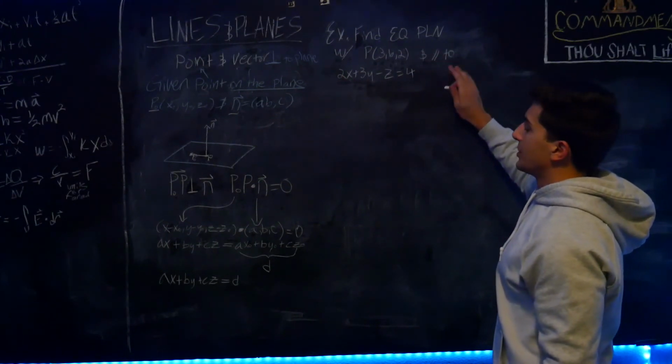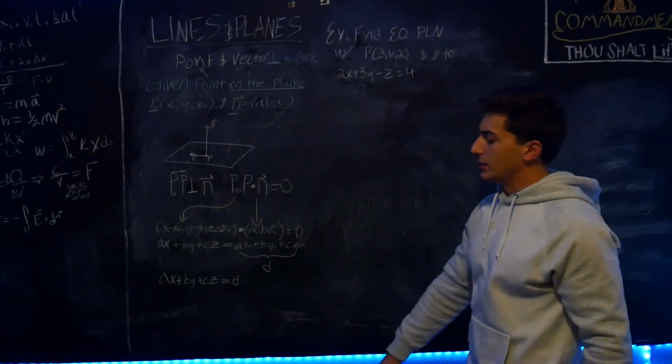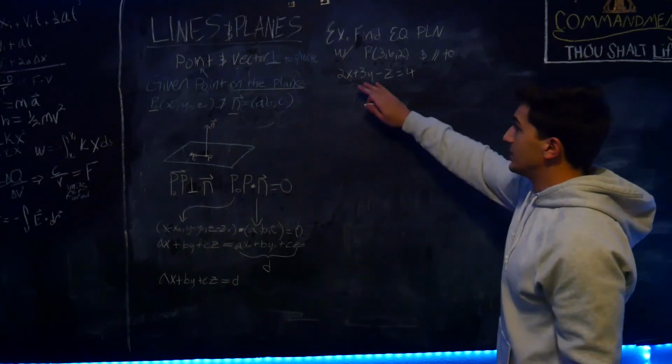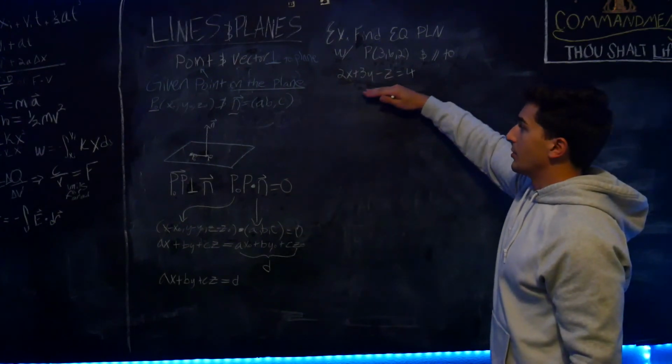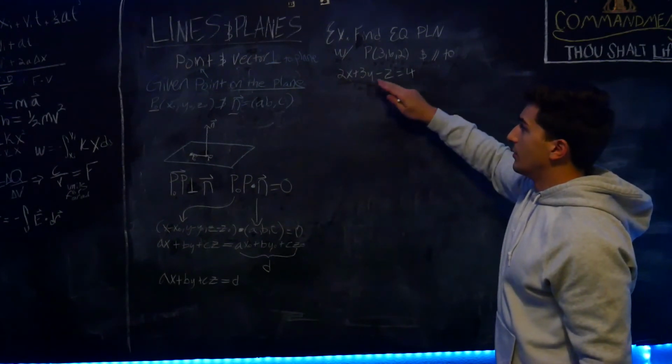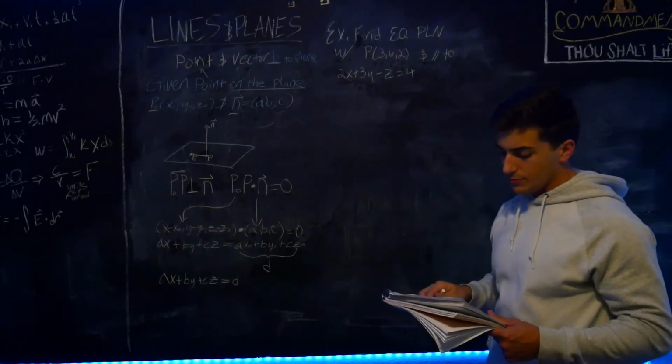I didn't want to write that part just to give away the fact that this is an equation of a plane. So we're finding a plane parallel to that plane.